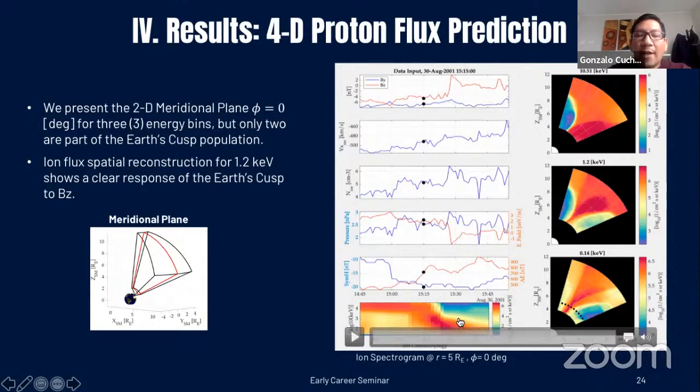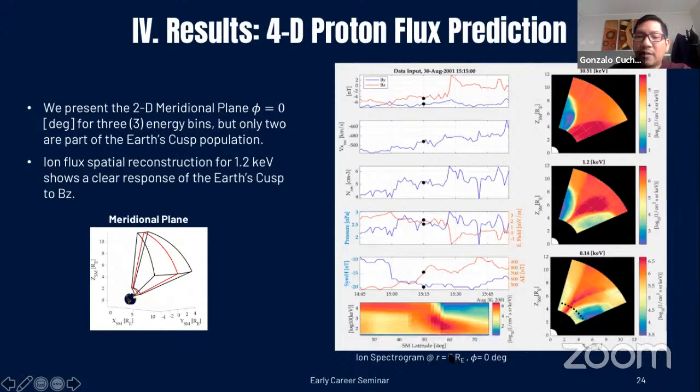Here I'm showing an ion spectrogram that is showing the values of energies with respect to latitudes. The latitudes go from 25 to 75, and the resolution is 1 degree. This spectrogram is obtained at the region where this black dotted line is located.